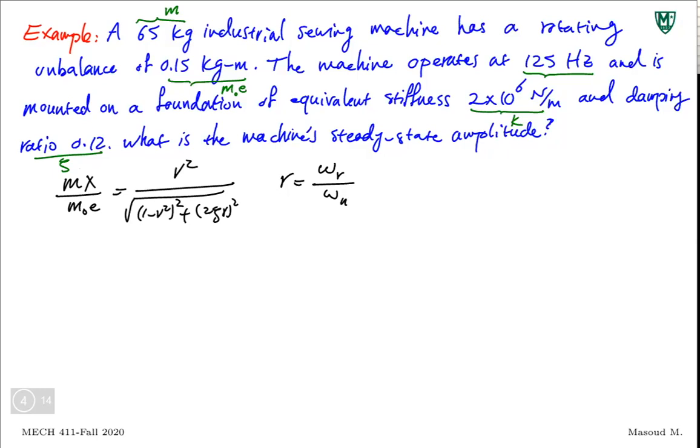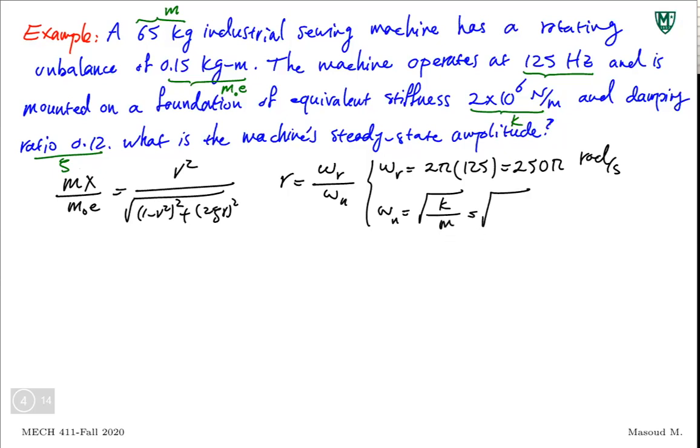All right, so we need omega n, or in this case we have omega r. It's 125 hertz, so we have to convert that to radian per second. I'm just going to write it as 2 pi 125. It's going to be 250 pi radian per second. Omega n would be the natural frequency, square root of k over m. K is 210 to the 6, and m is 65.